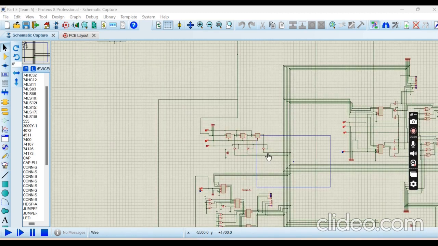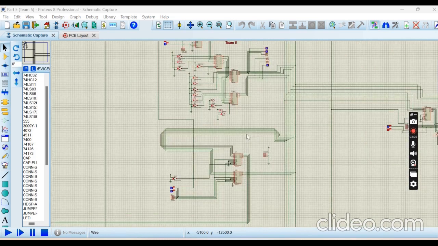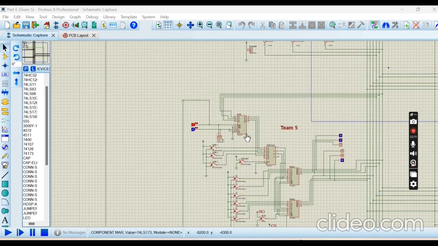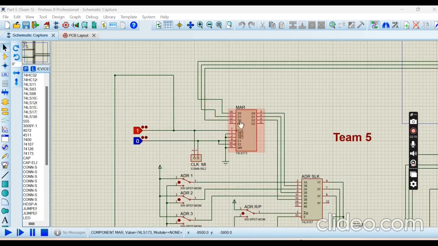After this program counter, we have the MA and the inputs. This is the MA, and these are our 2 inputs. We have the clock here. As we already programmed the clock, all the other clocks in these blocks are connected to the main clock block.